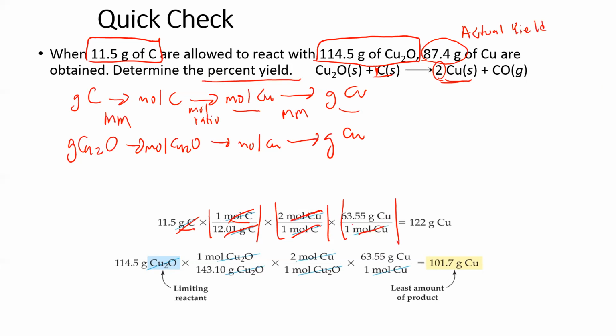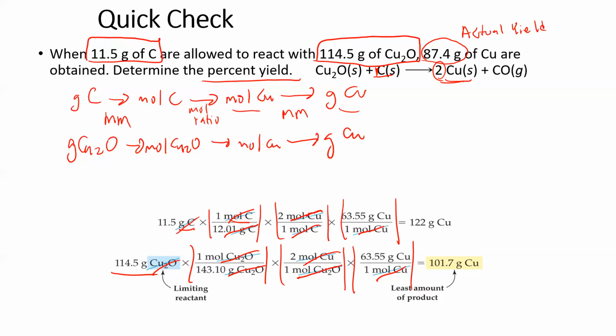And then I just repeat in the double stoich. So now I go from the 114.5 grams of copper 1 oxide. I use its molar mass and convert the grams to moles. I use the mole ratio of the copper 1 oxide with the copper to cancel out the unit of moles of copper 1 oxide. And again, this last portion is the same, converting the moles of copper to grams. So which is my theoretical yield?